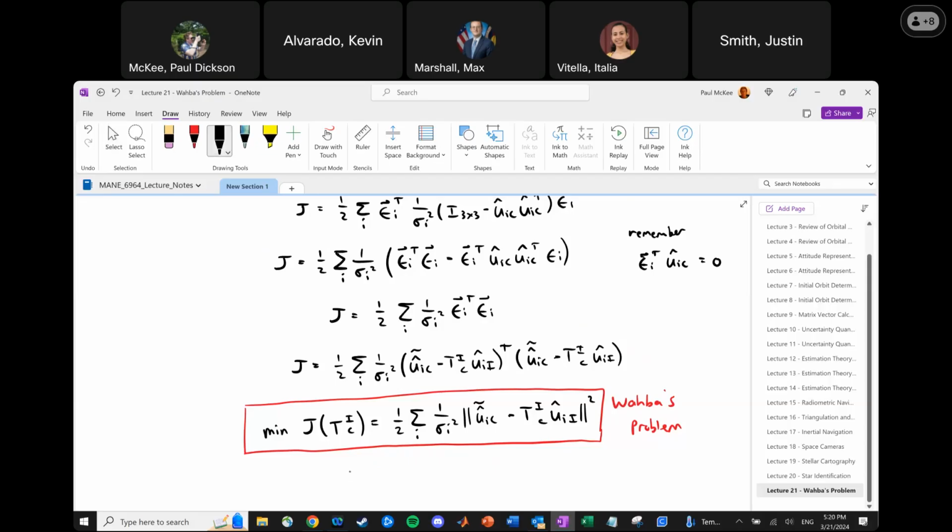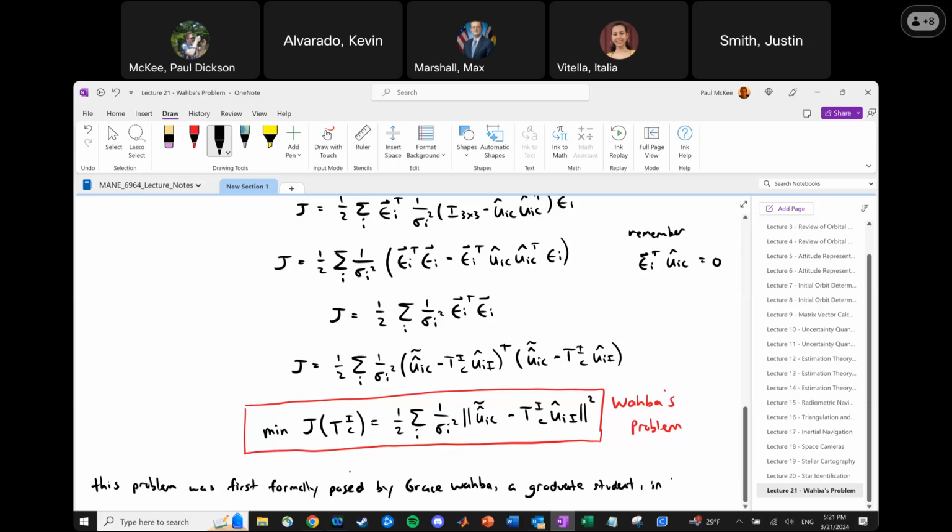So this problem was first formally posed by Grace Wahba, a graduate student, in 1965. 1965, that's like the same decade as the moon landing.